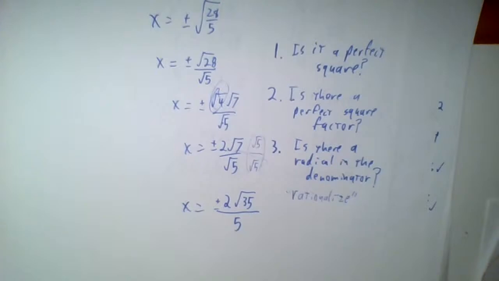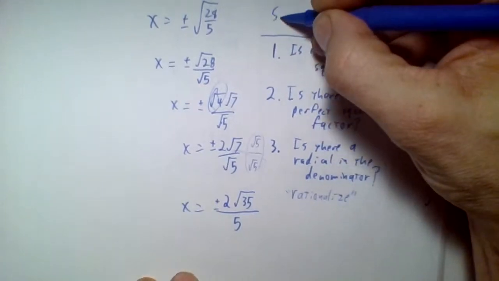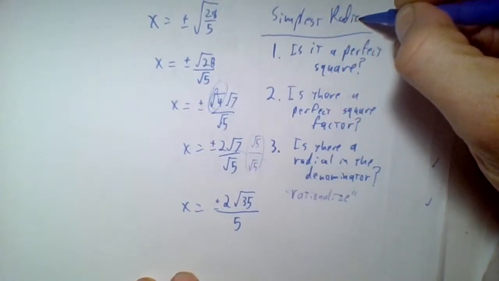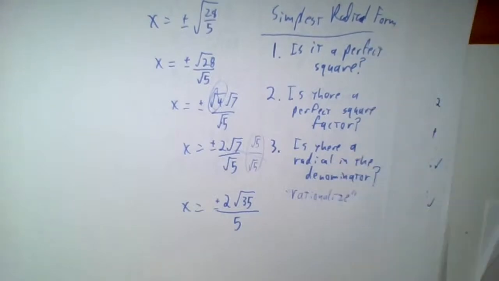So that's usually the proper form. Those are the 3 steps to simplest radical form. Just going through those 3 questions. Mostly where we're going to see it is just on numbers. We did some with variables in there too, but when it's just on numbers, we use it to simplify these solutions to equations all the time.